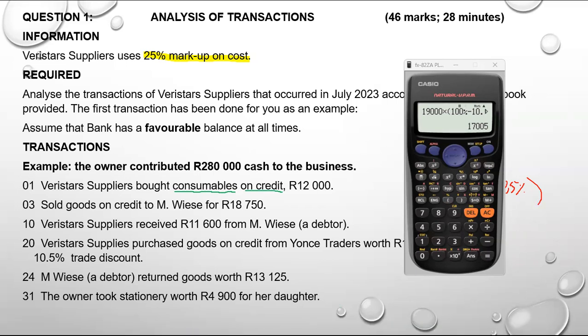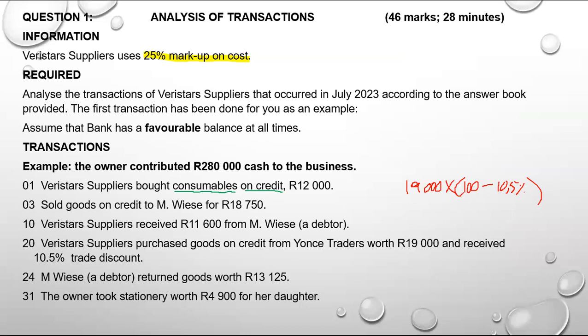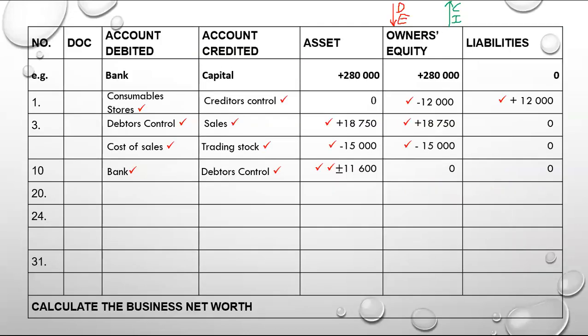Since we bought goods from Yangtze, we are going to owe Yangtze more. But we bought goods, that means our trading stock will go up. Please note that trade discount will not be recorded at all. We will basically just debit our trading stock and credit creditors control, which is Yangtze Traders.